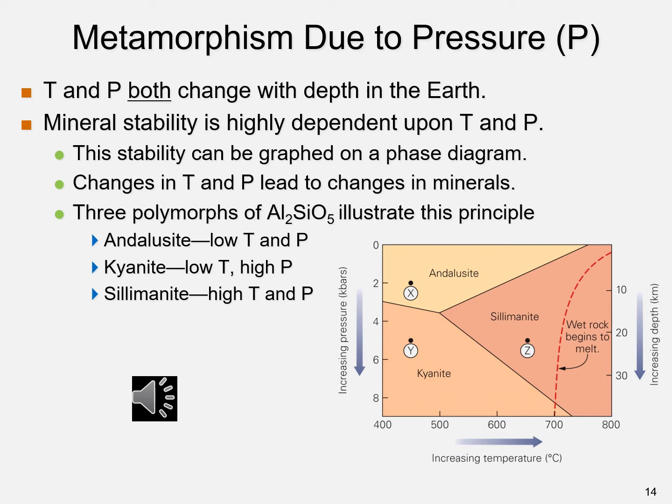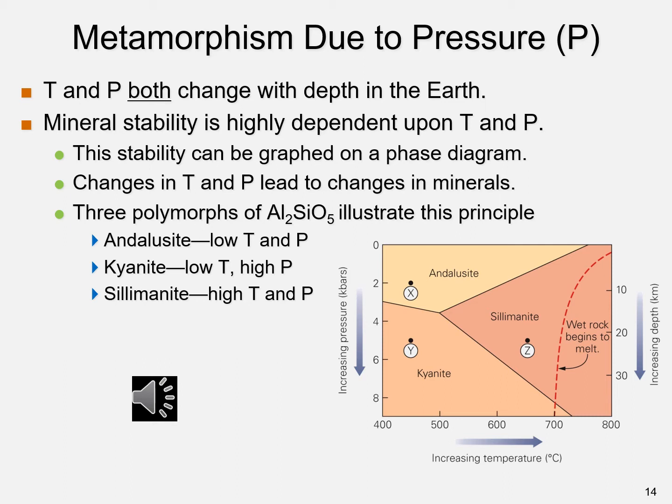If geologic processes move a protolith containing the elements necessary to produce aluminum silicate to a depth in the Earth where the pressure reaches 2 kbar and the temperature rises to 400 degrees centigrade, point X, then andalusite grows. If the temperature stays at 450 degrees centigrade, but pressure on the rocks increases to 5 kbar, point Y, then andalusite becomes unstable and kyanite grows.